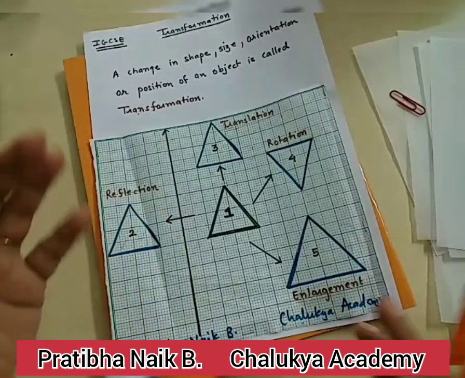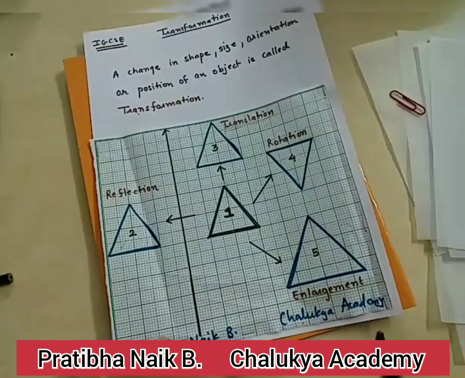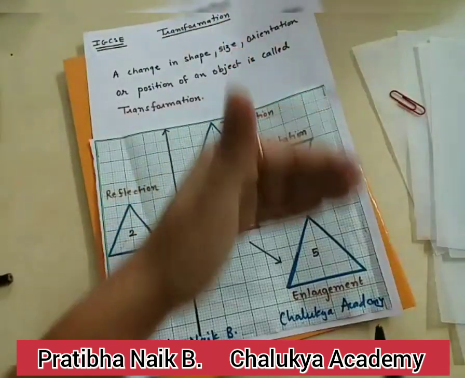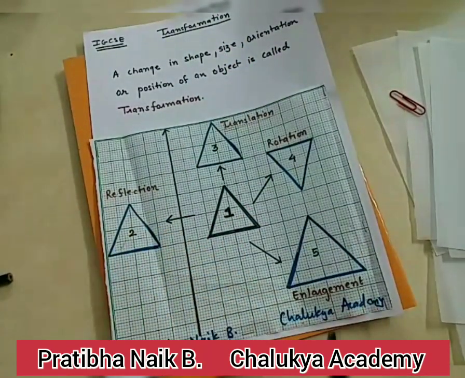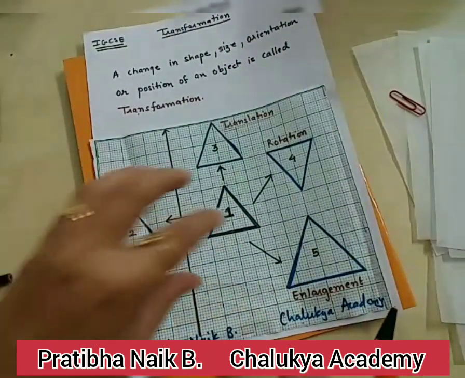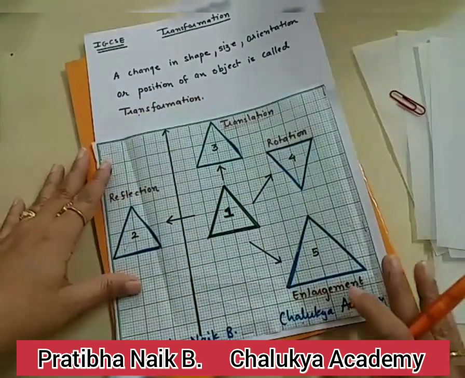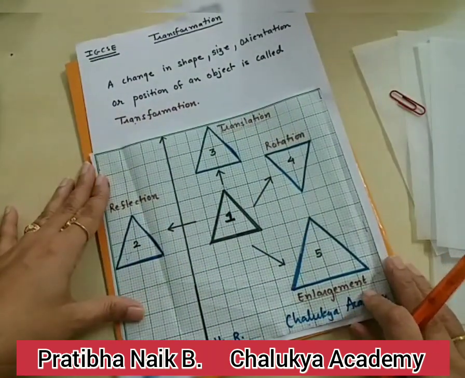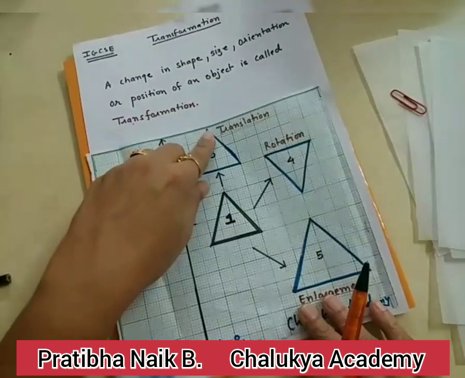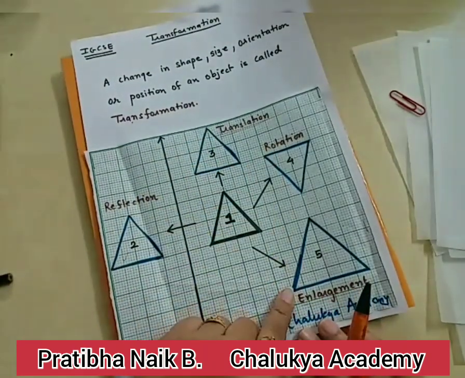So in the following session, we are going to see each and every transformation with proper illustrations. So here again, how many transformations are there? There are four types of transformation: reflection, translation, rotation and enlargement.